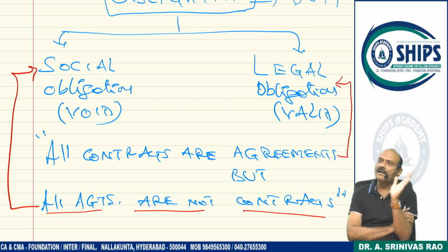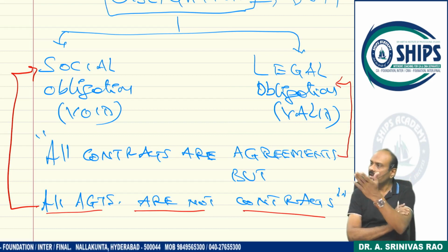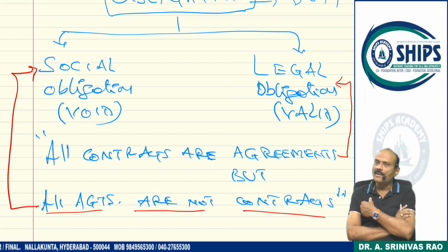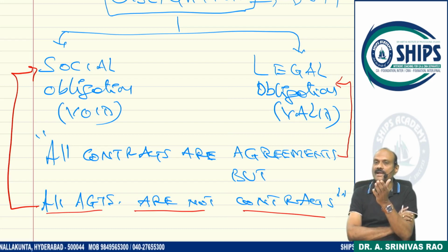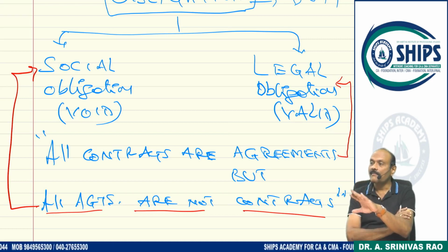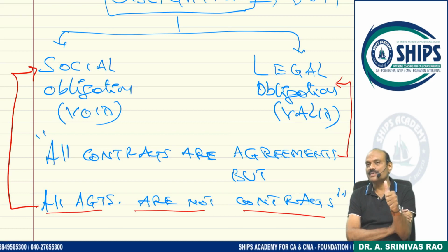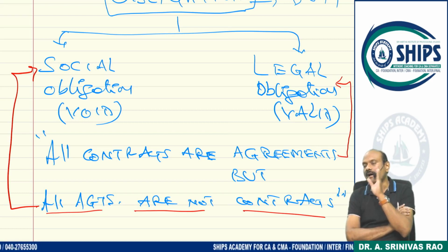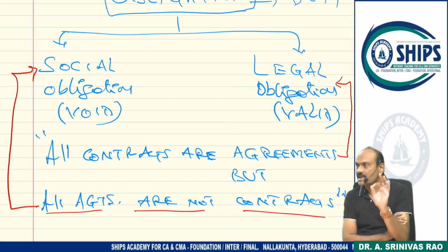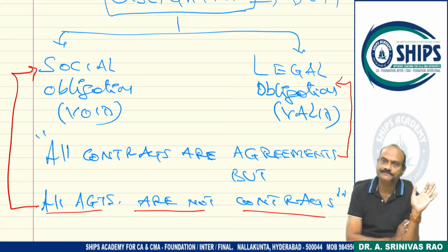That's why all contracts are by default agreements. Other one, parties intended to create a social obligation: offer is there, acceptance is there, agreement is there, but no enforceability. That's why all agreements are not contracts.